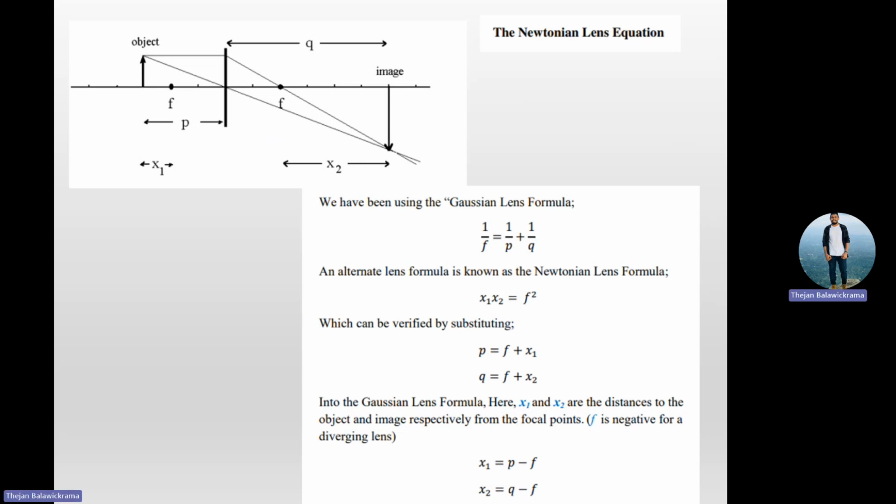But I'm not showing the derivation of Newton's lens equation. The normal lens equation is fine. The difference is they have used two variables x1 and x2, measured from f to the object distance and from f to the image distance, not from the principal axis.